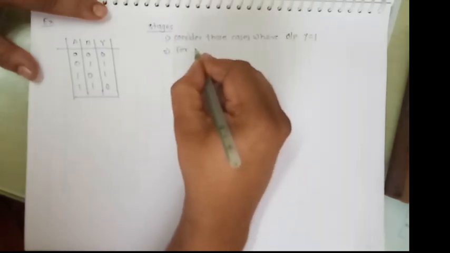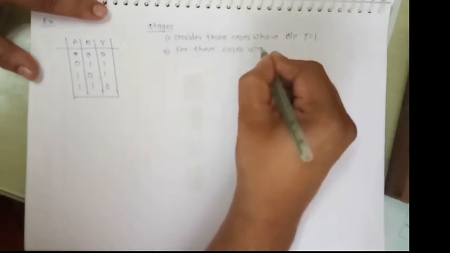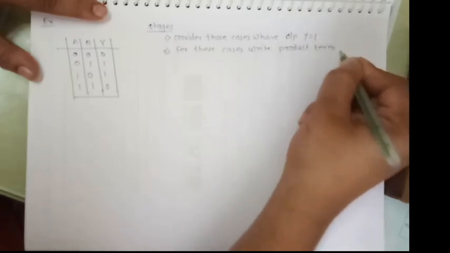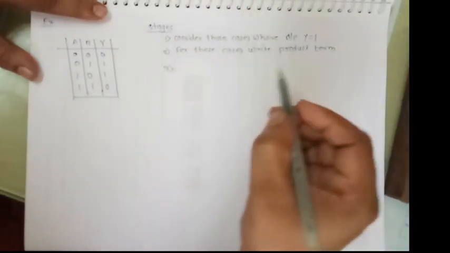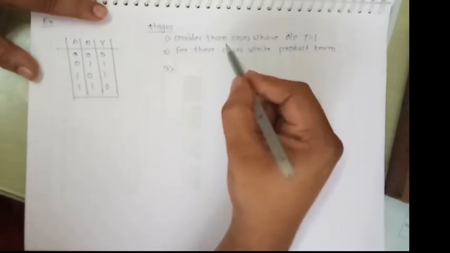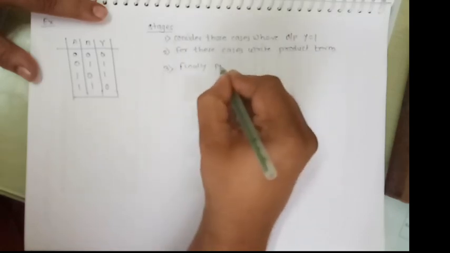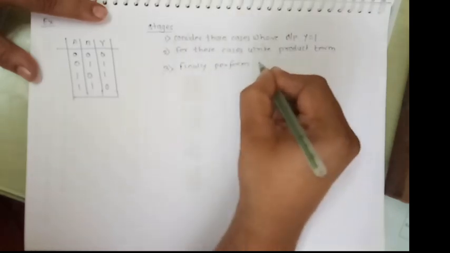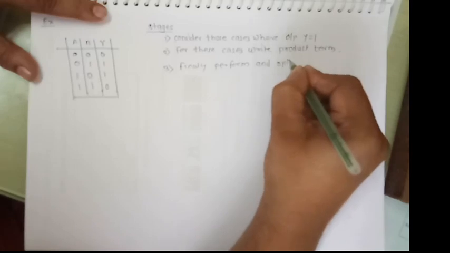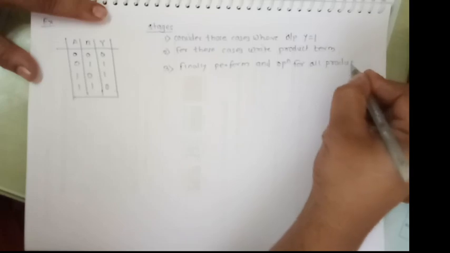For these cases, write the product term. Those cases we considered in the first step, and for them we write the product term. And in the last stage, finally, perform the OR operation for all the product terms.